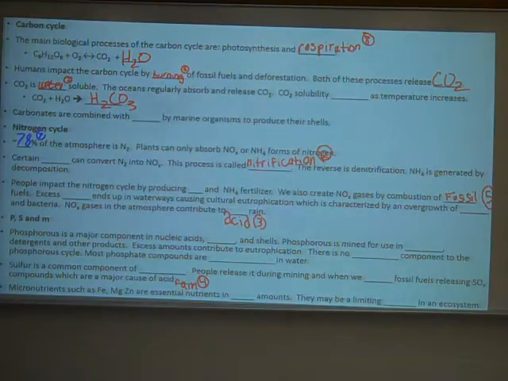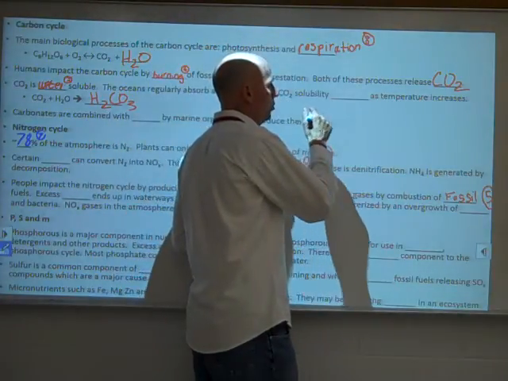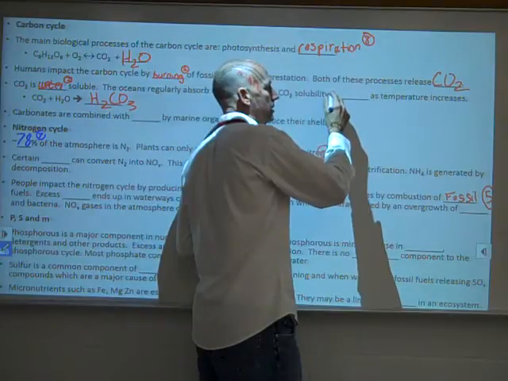So if you had two sodas, one cold, one at room temperature, which one do you think would go flat faster? Yeah, the one at room temperature, right? Because as it gets warmer, does the solubility of gases increase or decrease?